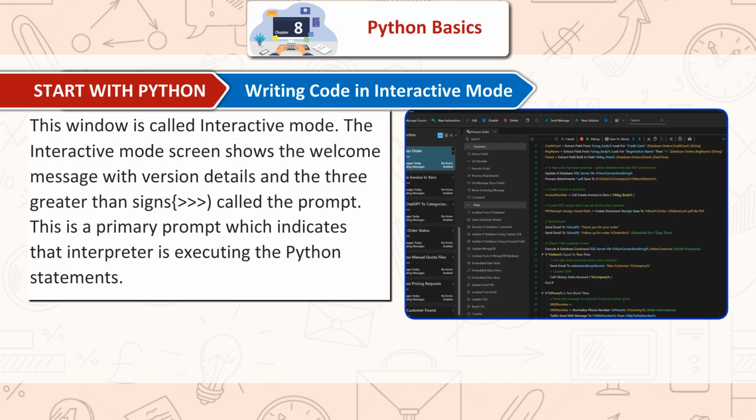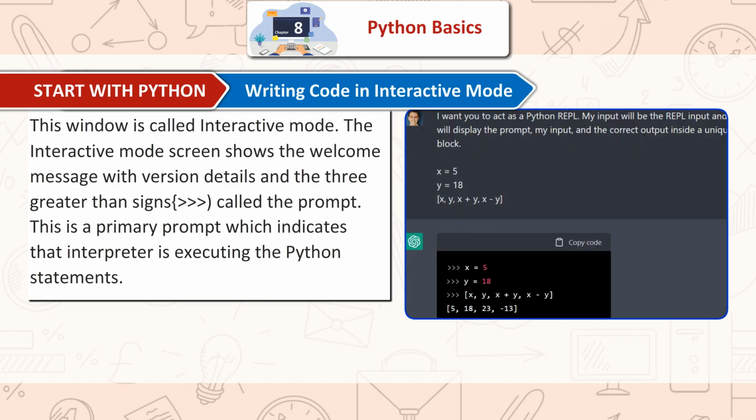This window is called Interactive Mode. The Interactive Mode screen shows the welcome message with version details and 3 greater than signs, called the prompt. This is a primary prompt which indicates that interpreter is executing the Python statements.